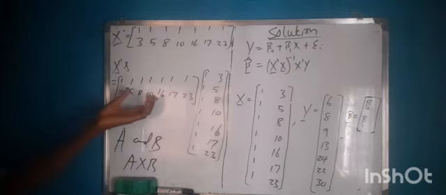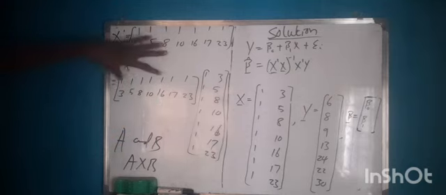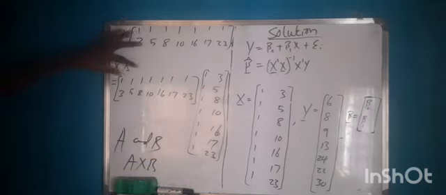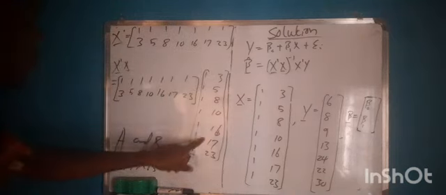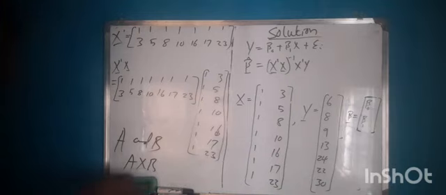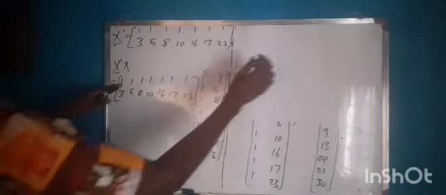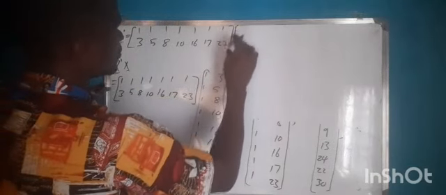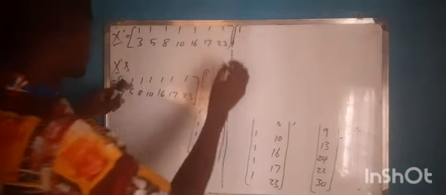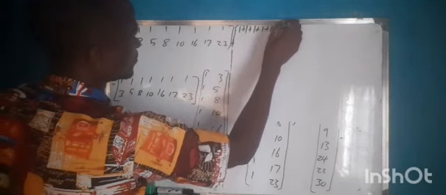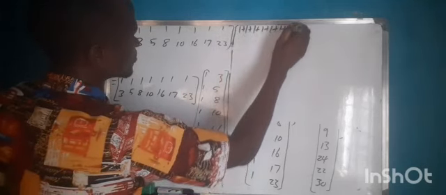In performing this multiplication, the first row is used to multiply the first column and the products are summed. The first row will also multiply the second column and we take the sum. Let's perform it together. 1 times 1 gives 1, and so on for all seven entries, plus 1.